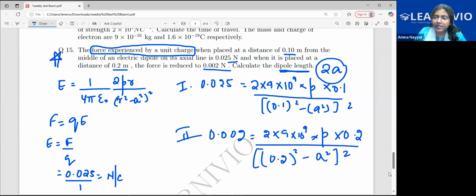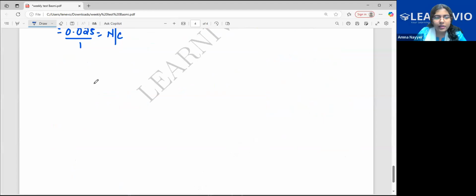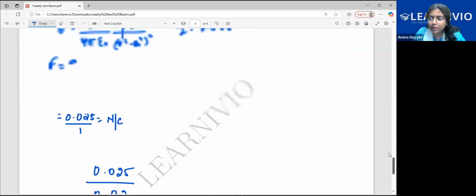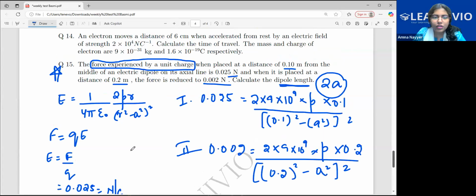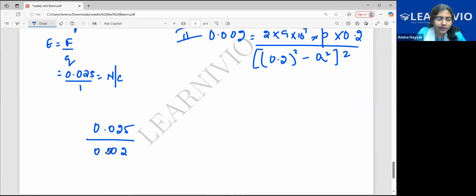See, if I take the ratio of these, this will be 0.025 divided by 0.002. Distance will be left. 2kP will be cancelled from both sides when you take the ratio. From the numerator, only this distance will be left, right?